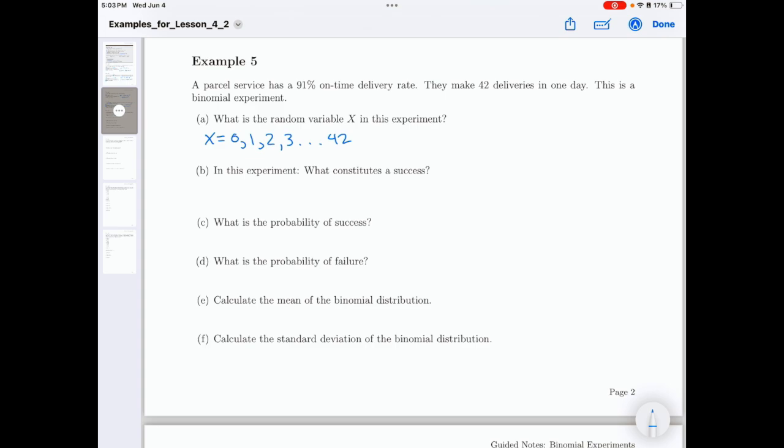In this experiment, what constitutes a success? In this scenario, they're discussing a parcel service that delivers on time. So a success is if the parcel service delivers on time.